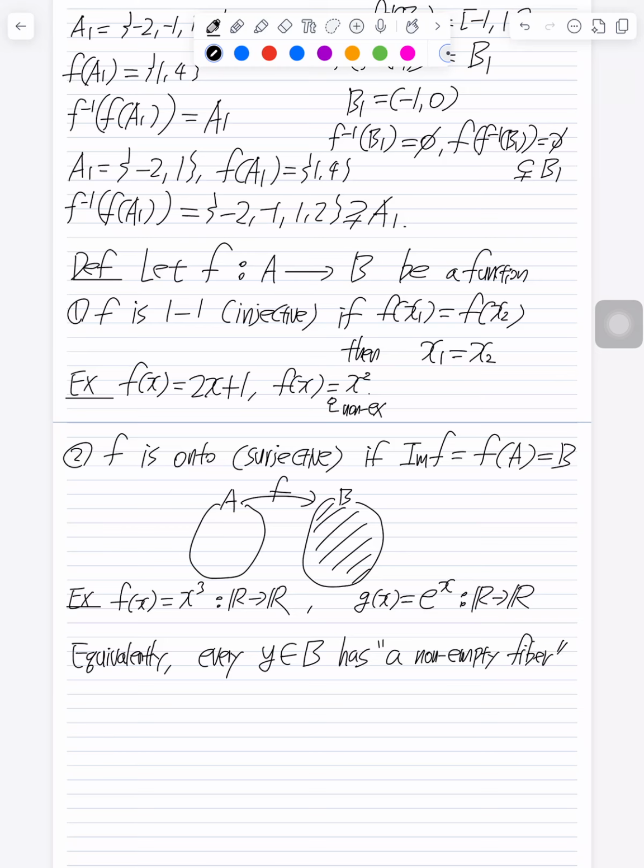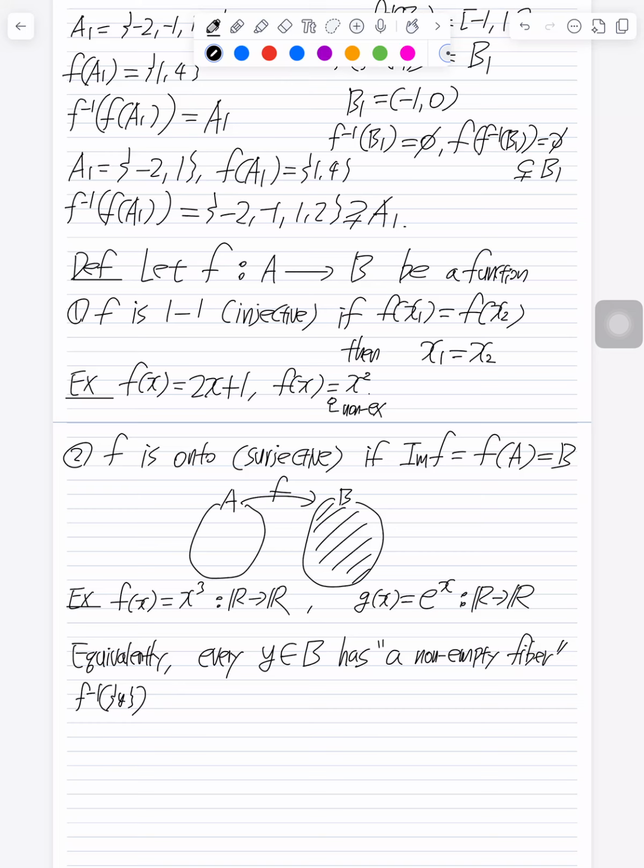This is a very fancy term that would be very useful to study topology, geometry, category theory, and advanced set theory later on. This is not really required, but I still want to mention the term. So surjectivity means that for each fiber, meaning the collection of the elements in A that map to the prescribed small y, this is always non-empty.